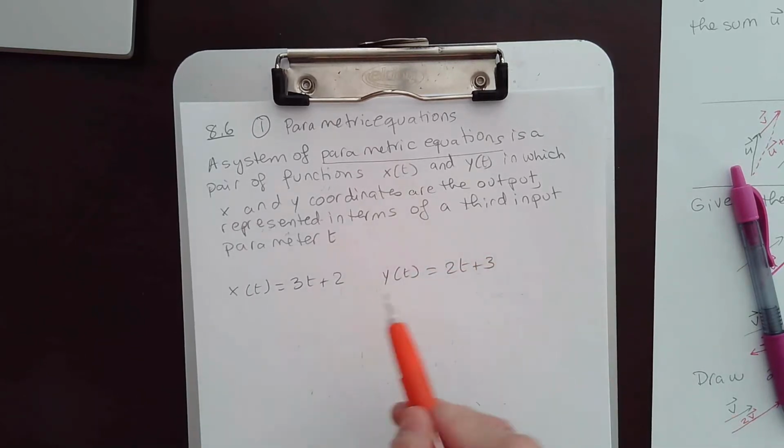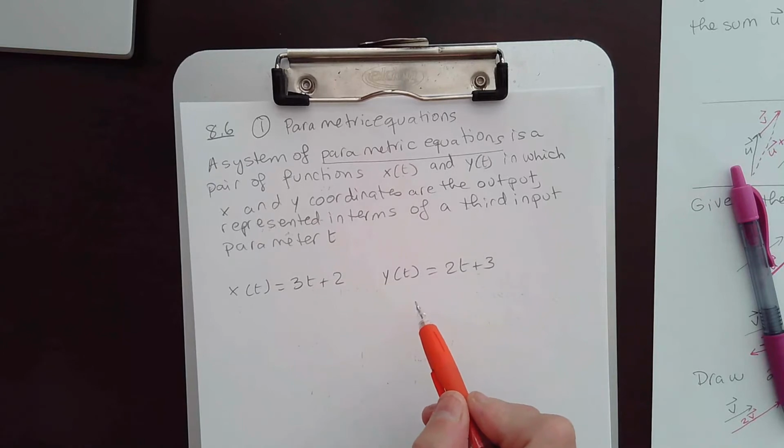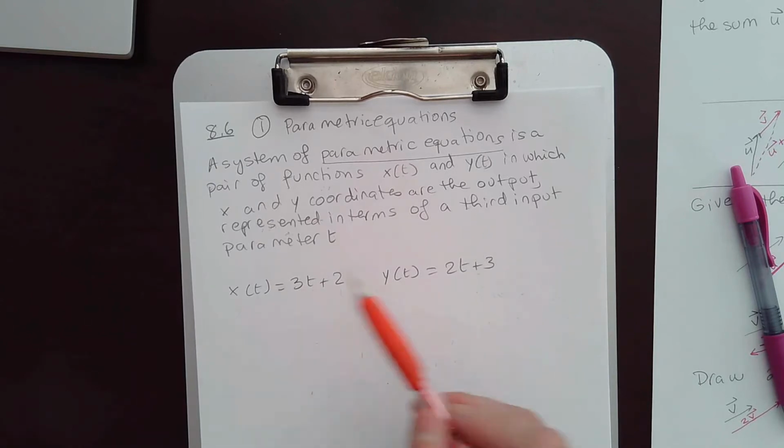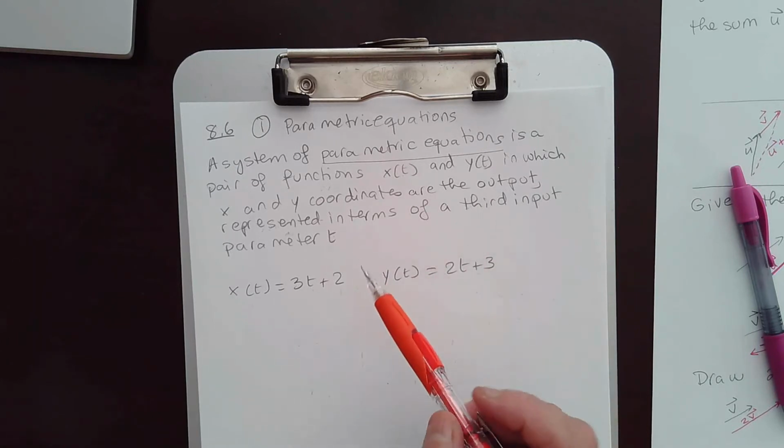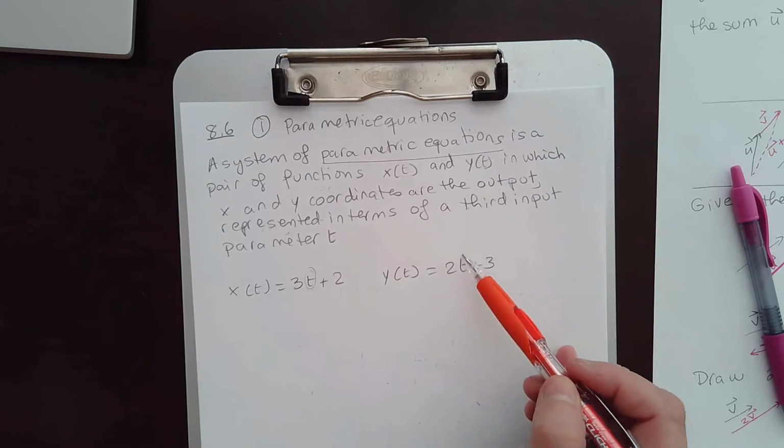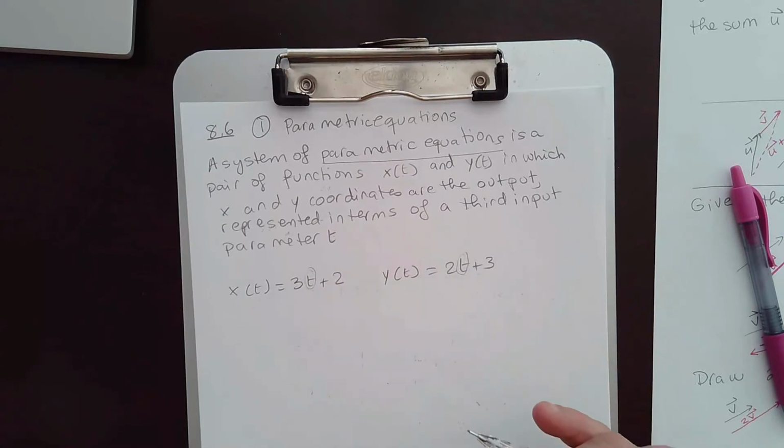So x and y are the output, represented in terms of a third input parameter t. So t is what we call the parameter. These are what we call our parametric equations.